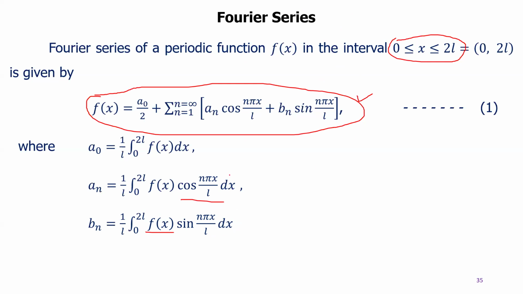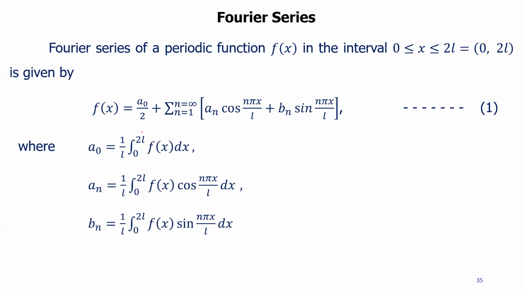So clearly, if you see the previous definition of Fourier series and this definition of Fourier series, there is no change in the series, but only while calculating the value of a0, an, and bn, the limits are changed. Let us take another form of the Fourier series. If we change the limit, what will happen?